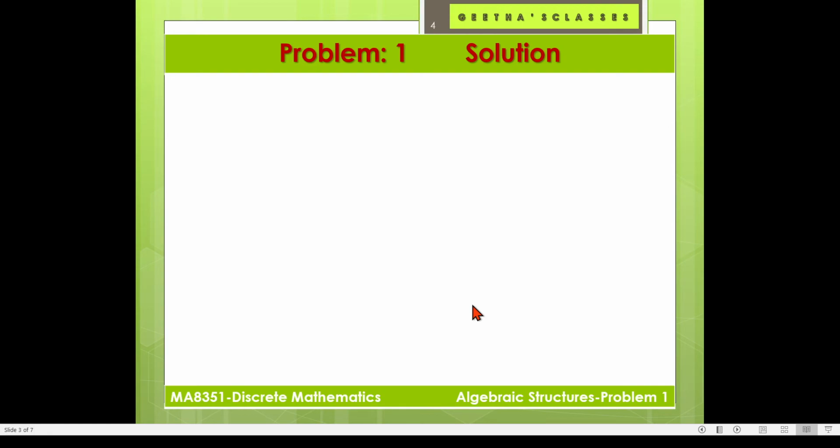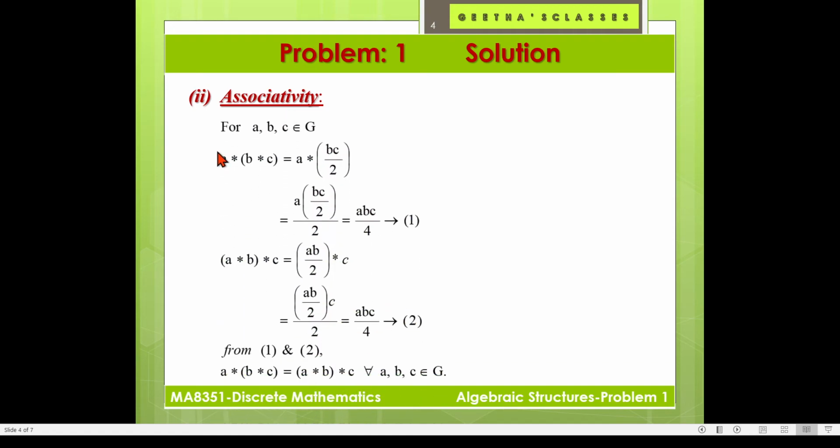Now coming to the second property, associativity. Associativity, you know, is (a star b) star c equal to a star (b star c), that is, changing the brackets. Let us take three elements a, b, c belonging to G. Let us take the left hand side, a star (b star c). By the given definition, b star c can be written as bc by 2.